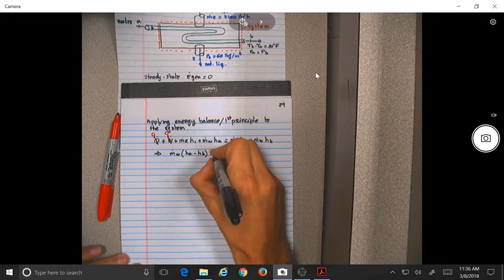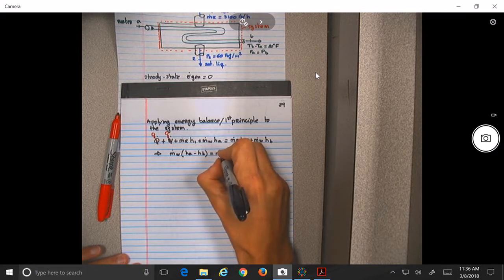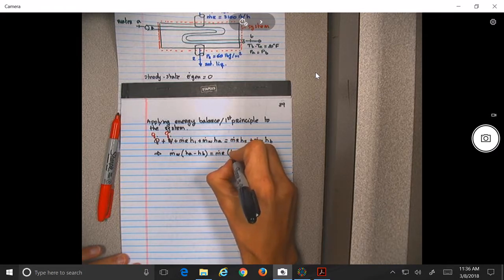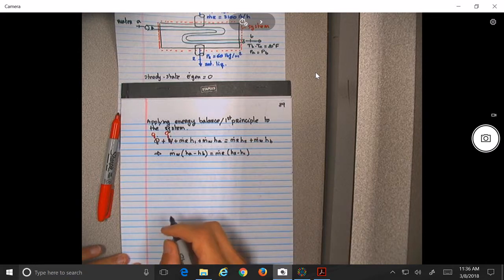Equals M sub R times H sub 2 minus H sub 1.